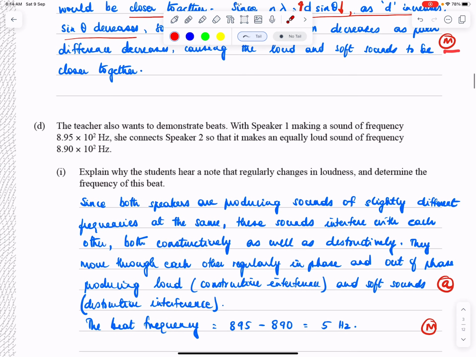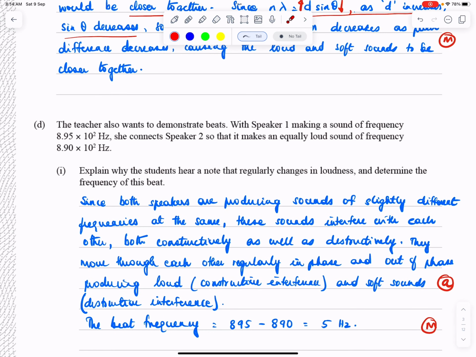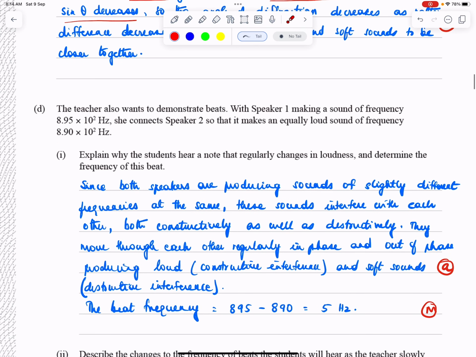Now the teacher also wants to demonstrate beats, with speaker 1 making a sound frequency of 895 Hz. Speaker 2 does a frequency of 890 Hz, and they are sounded at the same time. So explain why the students hear a note that regularly changes in loudness and determine the frequency of this beat.